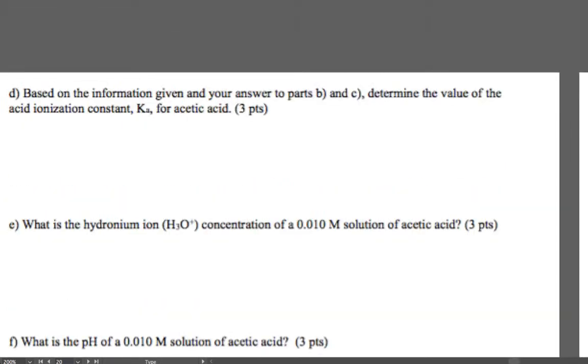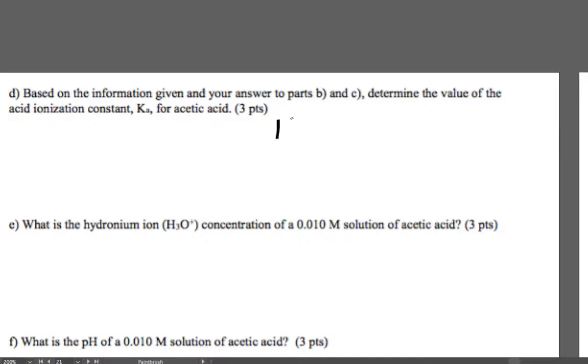Based on the information given and your answers to parts B and C, determine the value of the acid ionization constant Ka for acetic acid. Okay. So for Ka, we will use the same thing. What's the Ka here?